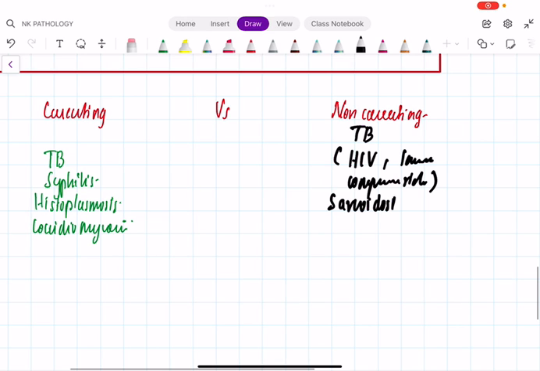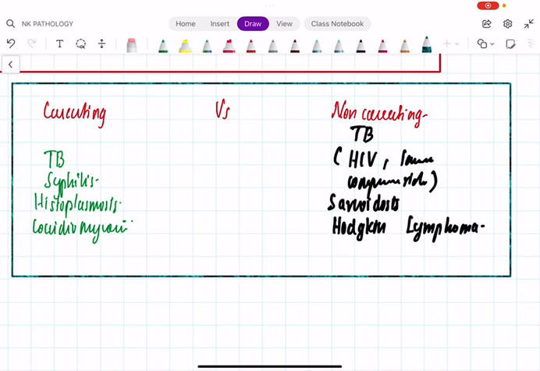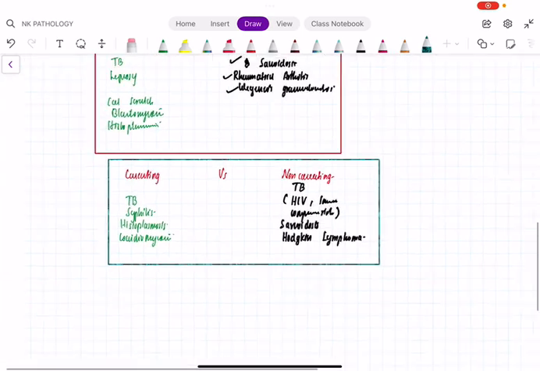And the last one is HL, Hodgkin's lymphoma.